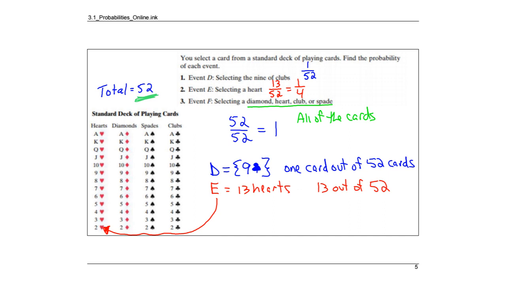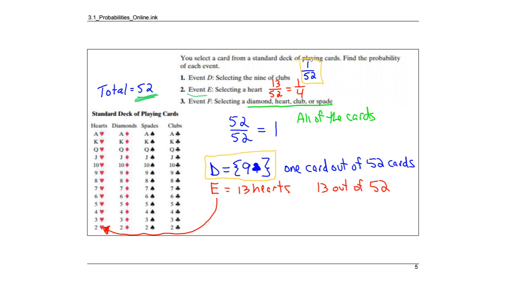So the first one is the event D, selecting the 9 of clubs. Well, there's only one card that is the 9 of clubs. And so our probability would be 1 over 52, right? Because there's only one card that's the 9 of clubs, but that's out of all 52 cards.